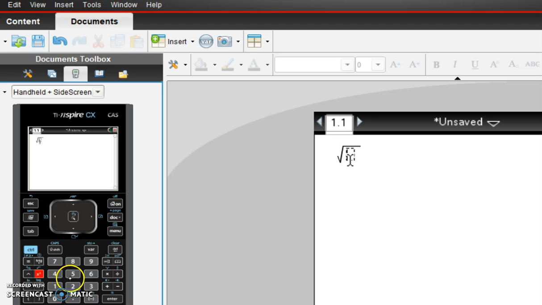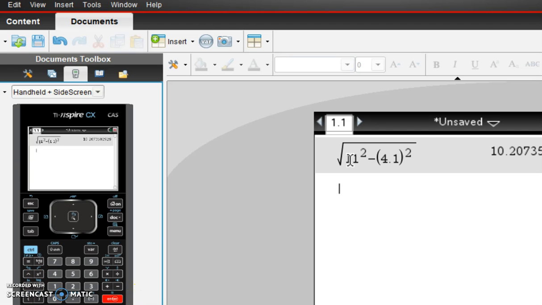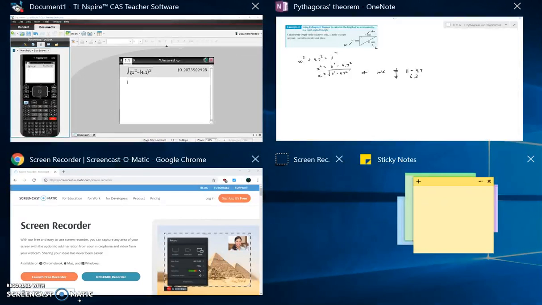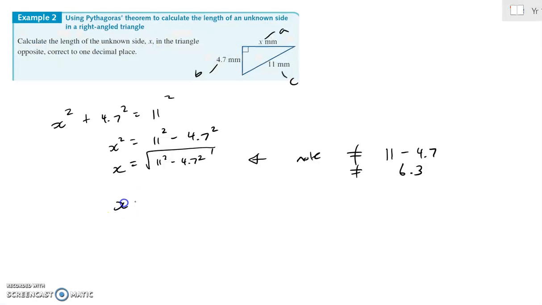So square root, and back inside the square root, 11 squared minus 4.7 squared. Okay, hopefully that will work. You get 10.207, which is 10.2 to 1 decimal place.